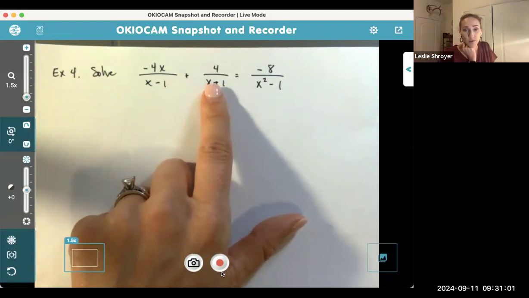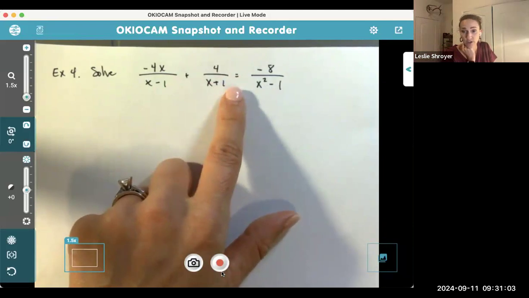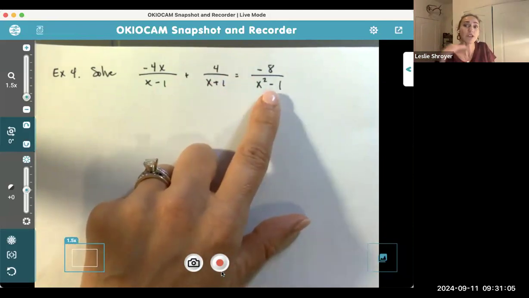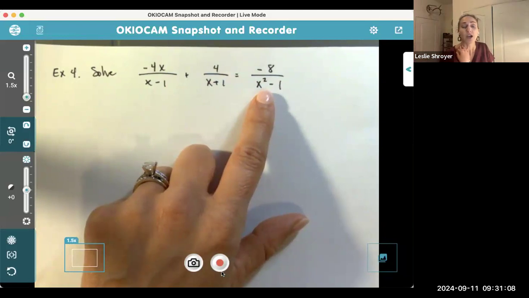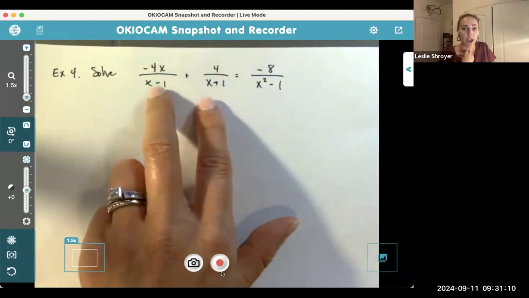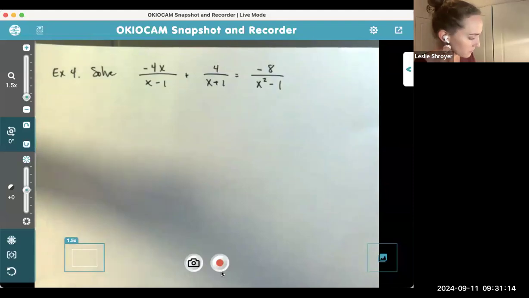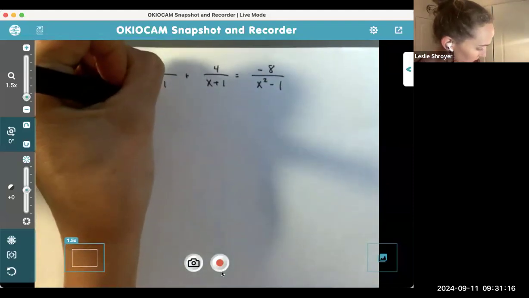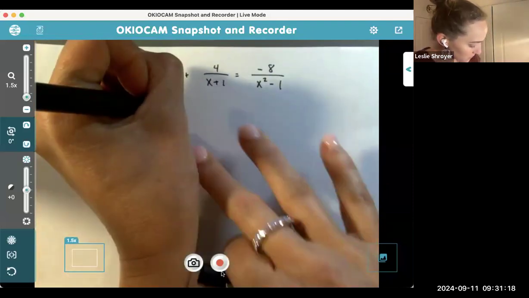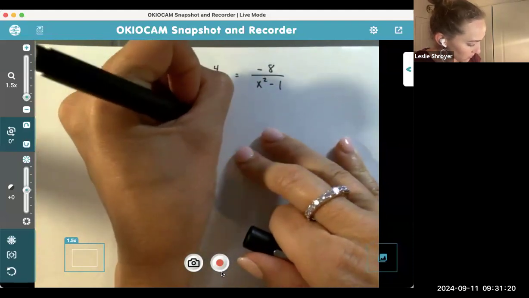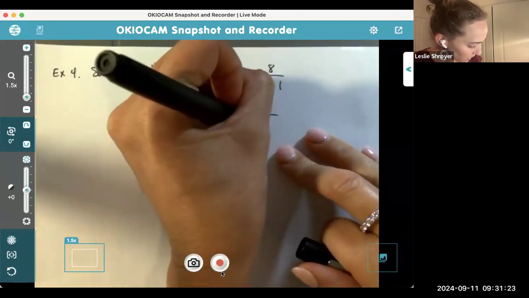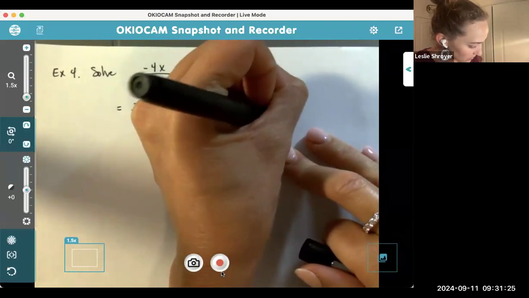So we want to start by clearing the fractions. But again, I'm going to write it emphasizing that this denominator does factor into these two, because this is the difference of squares. So this is negative 4x over x minus 1 plus 4 over x plus 1 equals negative 8 over x plus 1 times x minus 1.